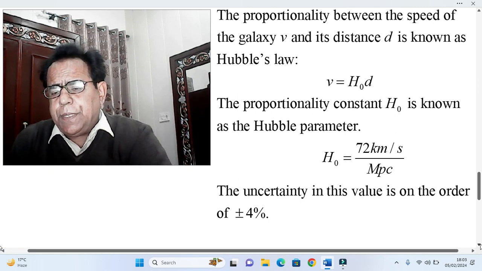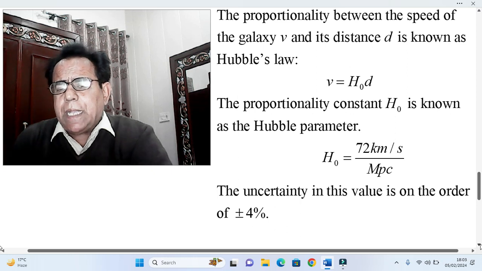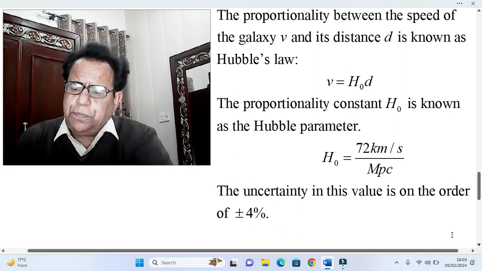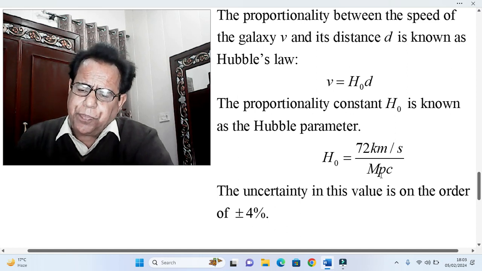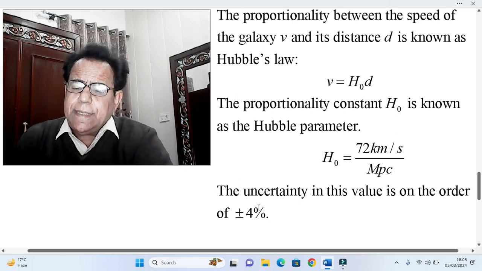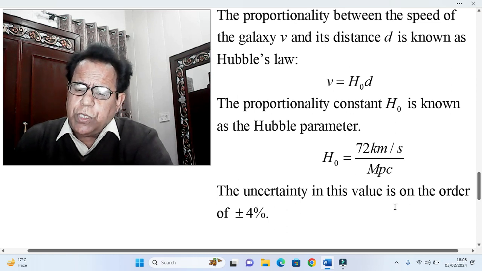The proportionality constant h naught is known as the Hubble parameter. h naught is equal to 72 kilometer per second divided by megaparsec. Dear students, we have defined parsec, and megaparsec means 10 raised to the power 6 parsec. The uncertainty in this value is on the order of plus minus 4%.